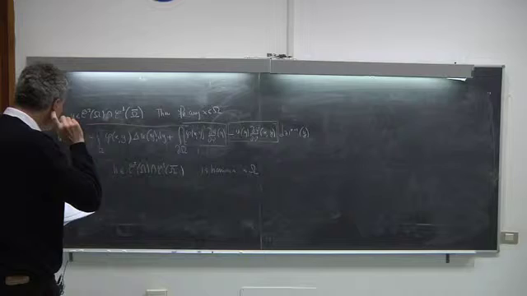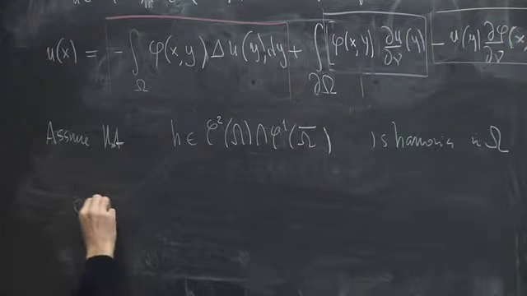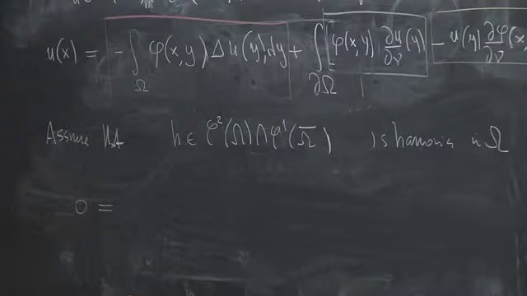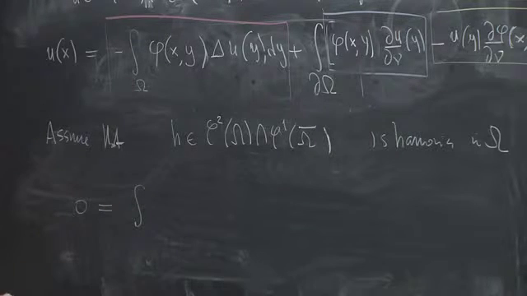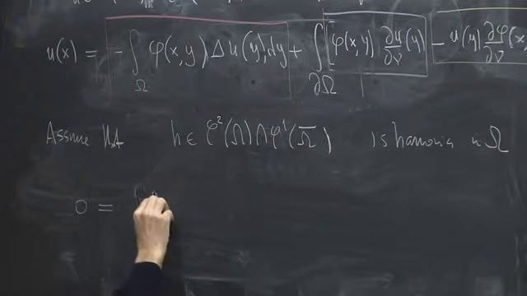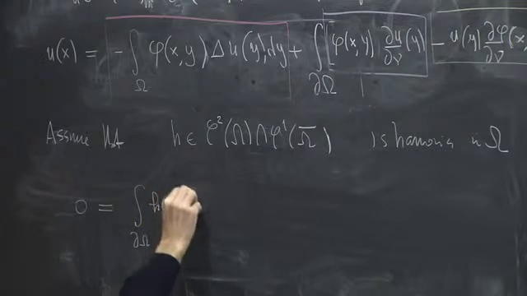Let me call this h so that we have the following. Unfortunately I have erased the second Green's identity. So from the second Green's identity, I have h du.